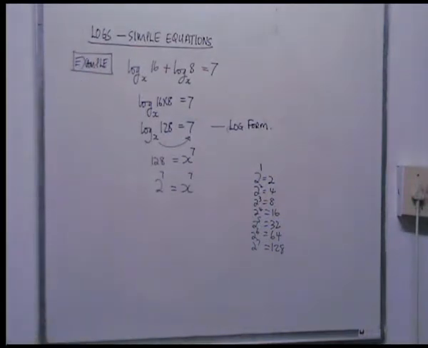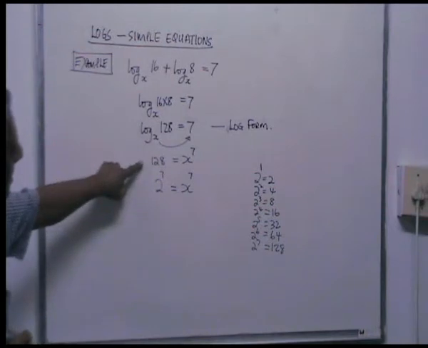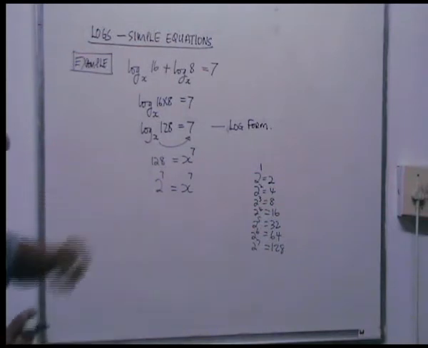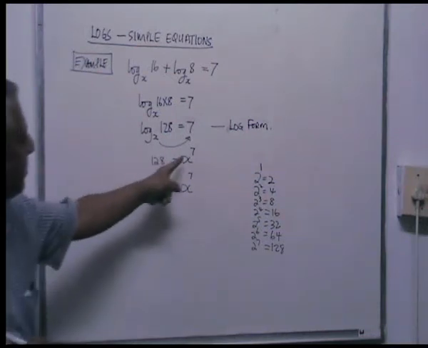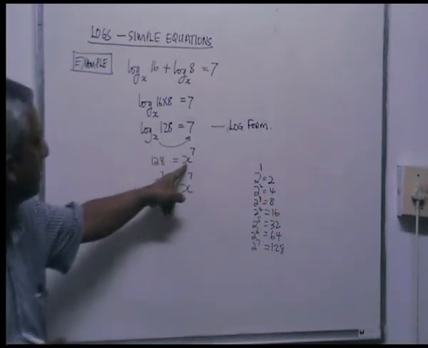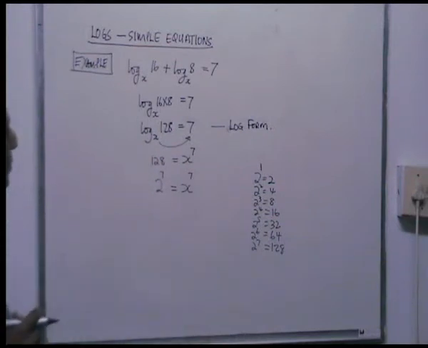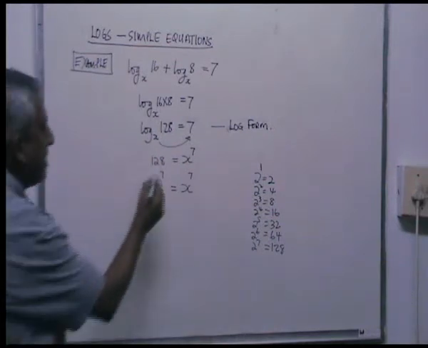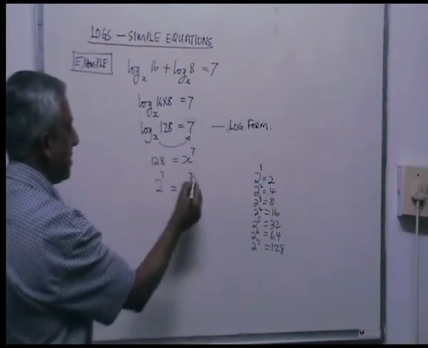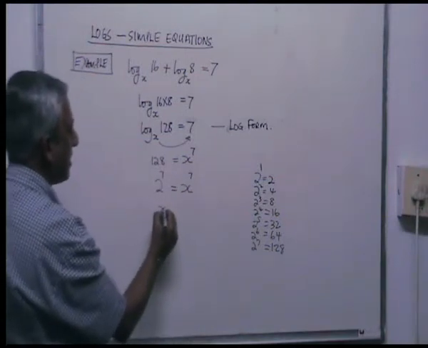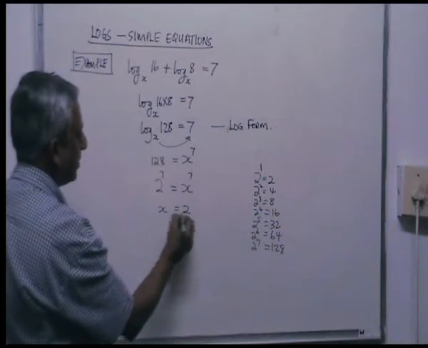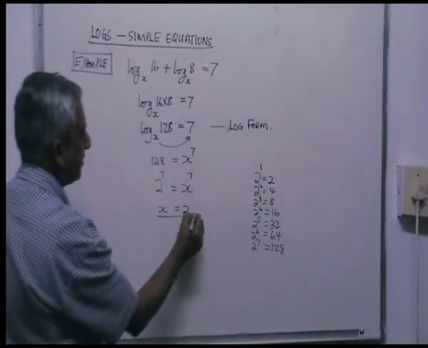Now you're trying to solve for the base, you see. So what you do, rewrite this as a power. You got 2 to the 7. Now the indices are exactly the same. Therefore the bases are equal. So the answer is x is equal to 2.